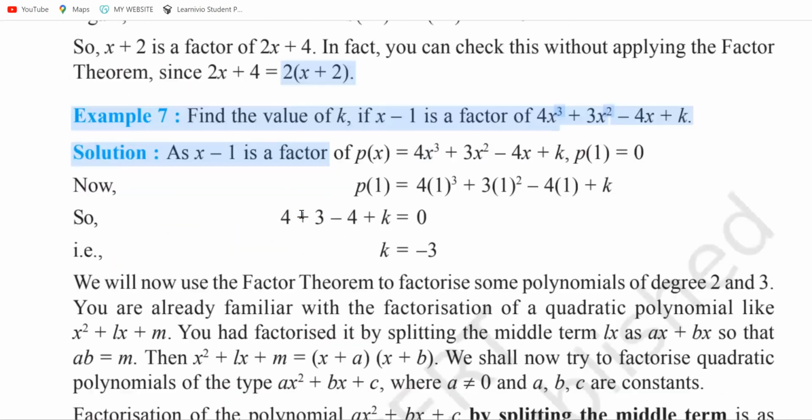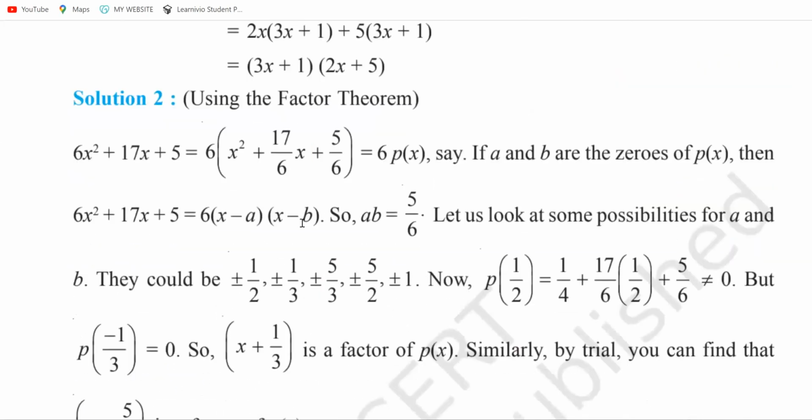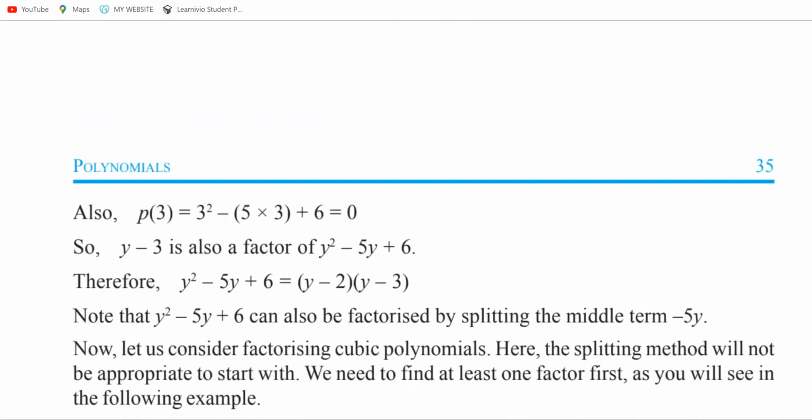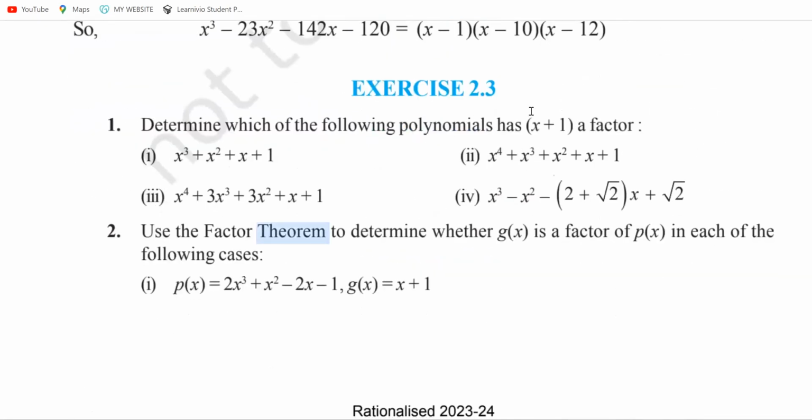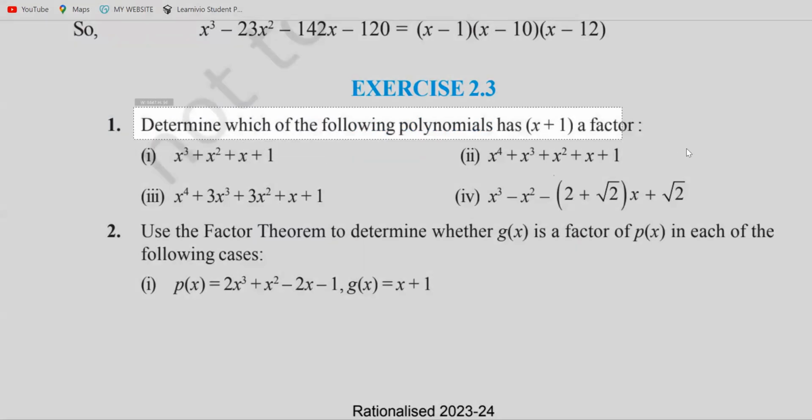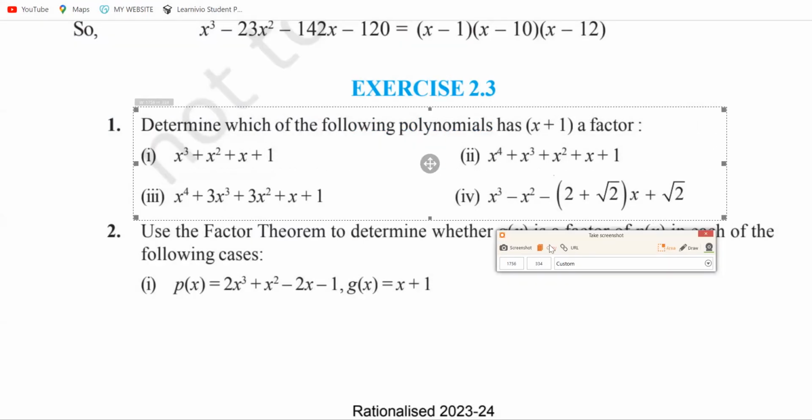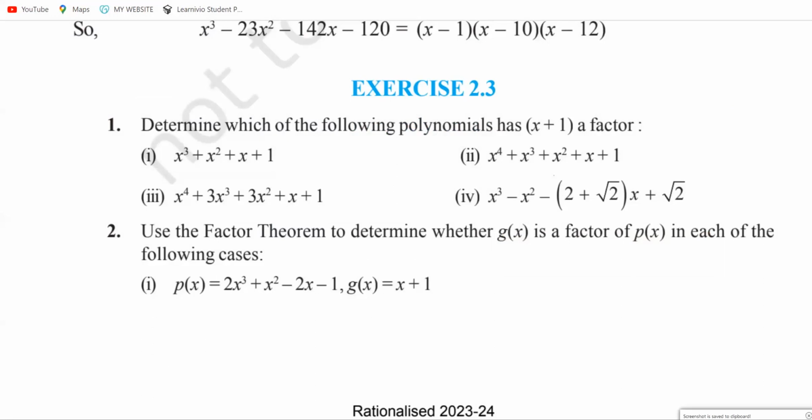Now another type of question that comes in the examination is the factor theorem. Questions come that check whether this is a factor of this polynomial or not. For example, let's do this question.